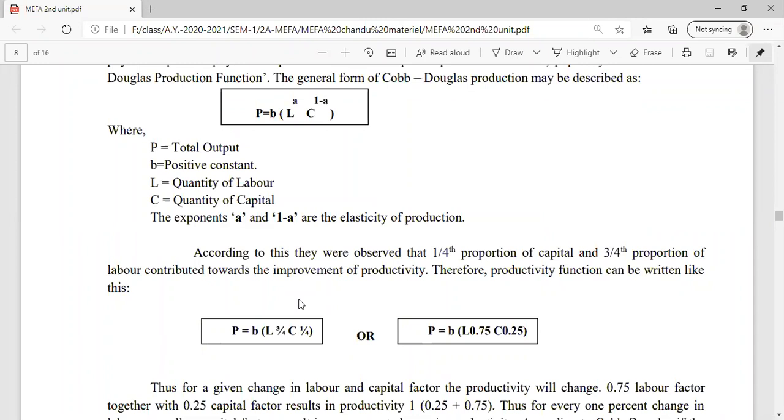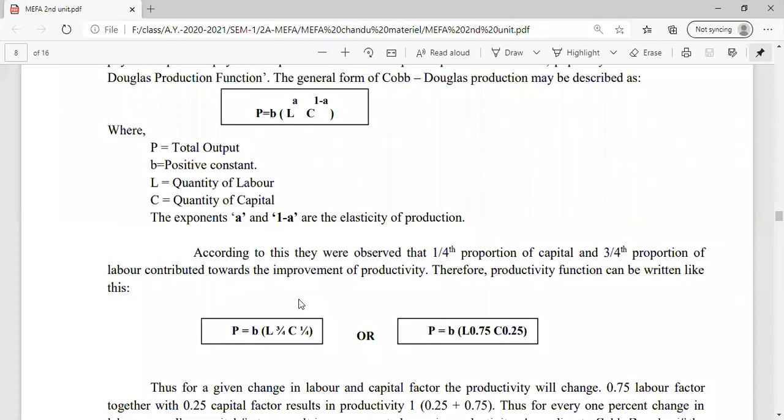To get the perfect output, one fourth proportion of the capital and three-fourth proportion of the labor will be contributed towards the improvement of the productivity.